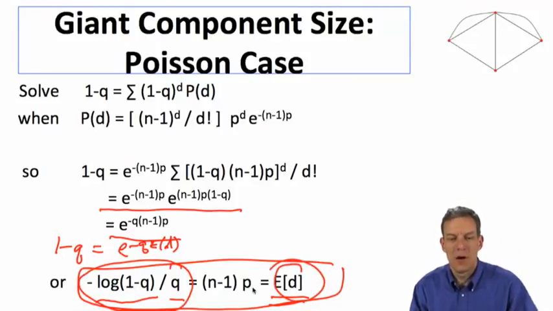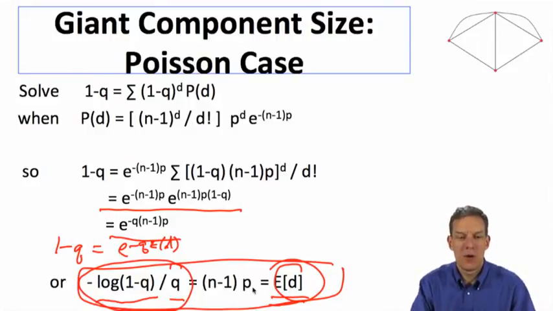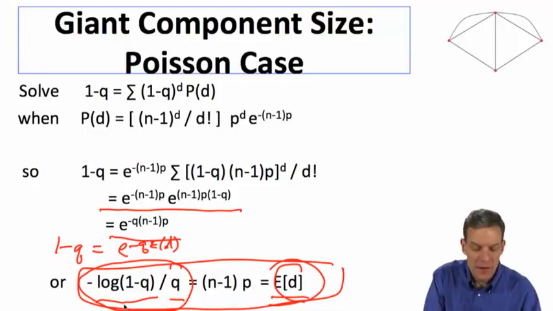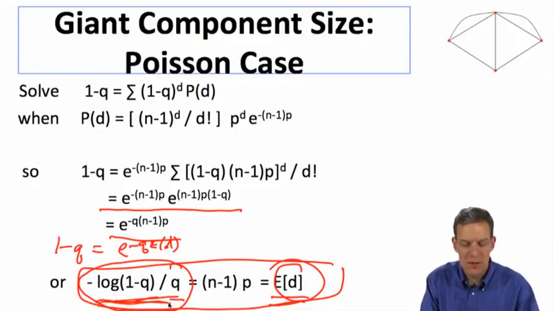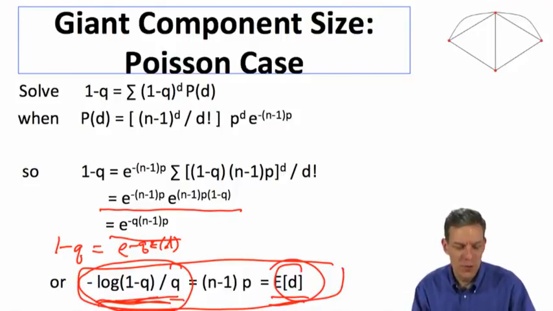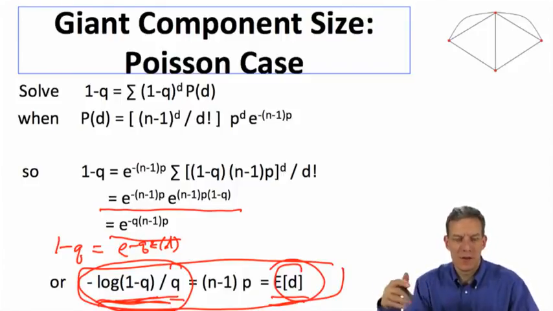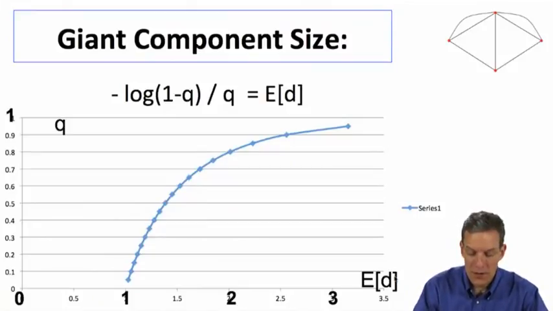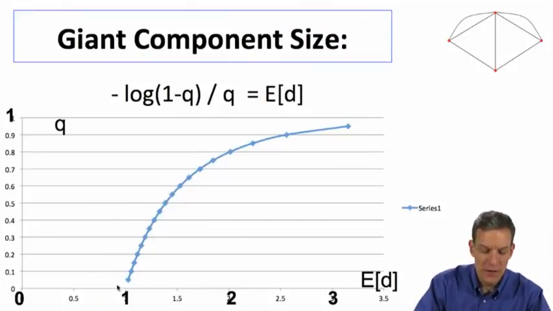Now we've got an expression that tells us how large the giant component is as a function of the expected degree. It's not quite a direct solution in q because it's minus log of (1 minus q) over q, but we can at least plot this out and see what it looks like. If you plot that as a function of the expected degree and see what the q's look like, basically when the expected degree is close to 1, there's no giant component.